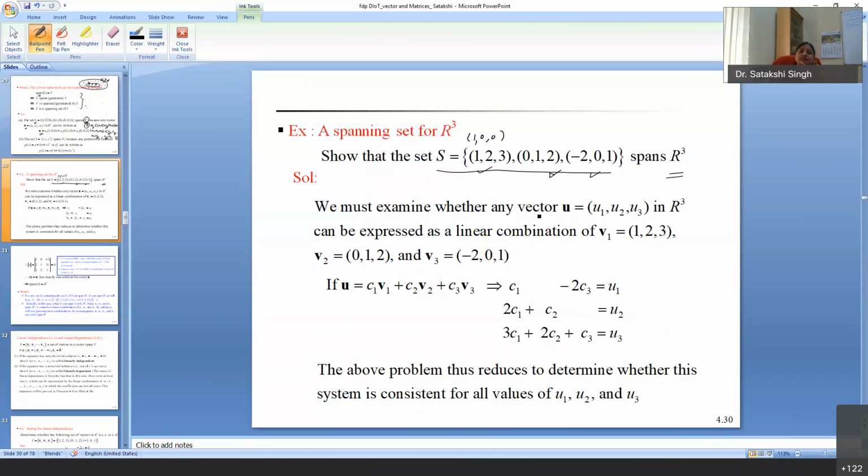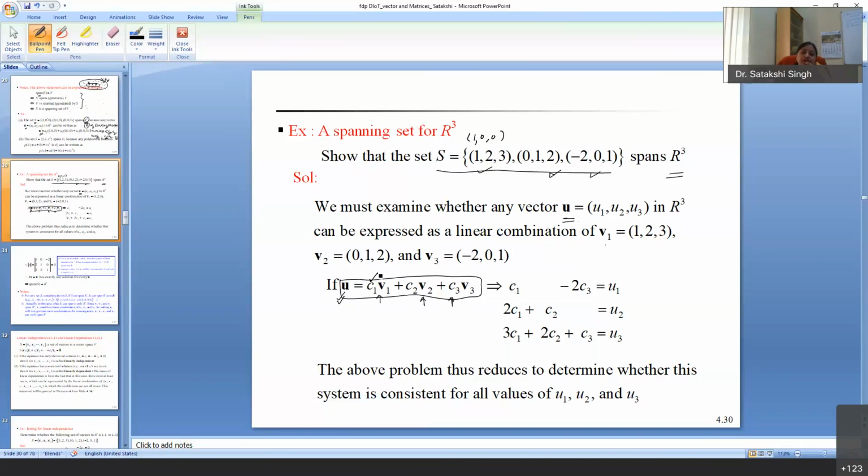Now, how will we check whether this S spans R3 or not? Again, we take some arbitrary vector u inside R3 and try to write it as a linear combination of the vectors v1, v2, v3, which is c1 v1 plus c2 v2 plus c3 v3.